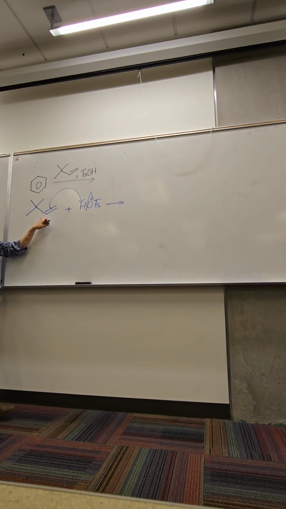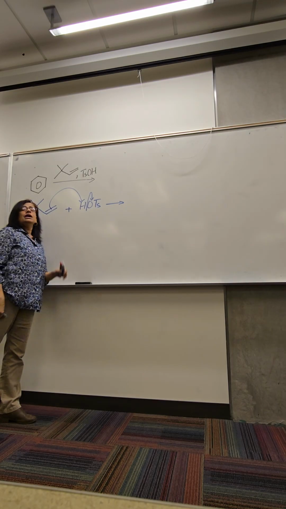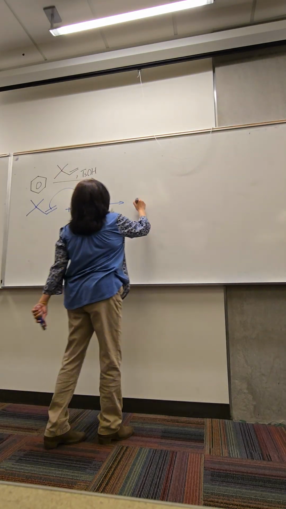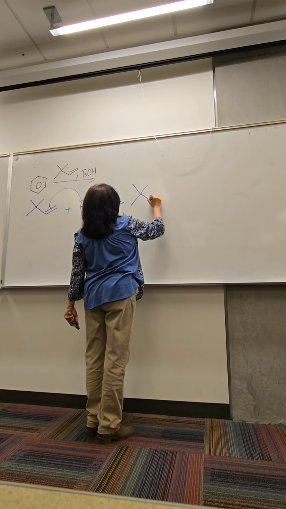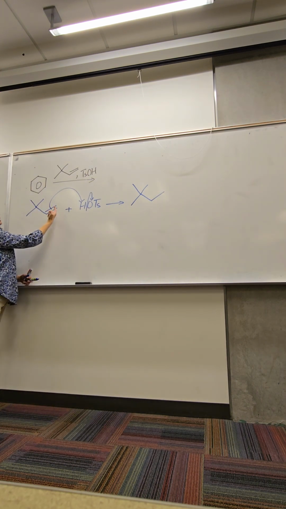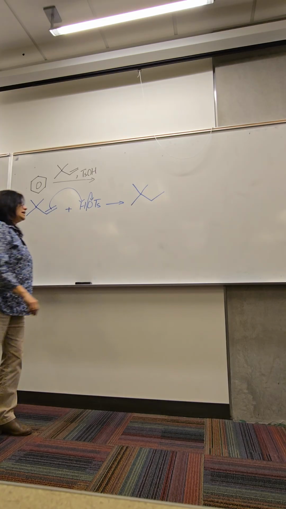Carbocation. Again, all about carbocations. What kind of a carbocation? In this example, there are two possible carbocations, right? Either positive being here or positive being there. Which one would you go with? Secondary. Exactly.